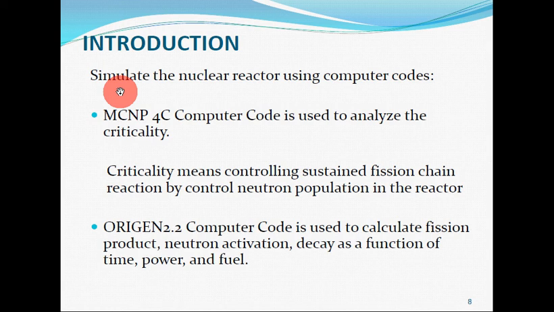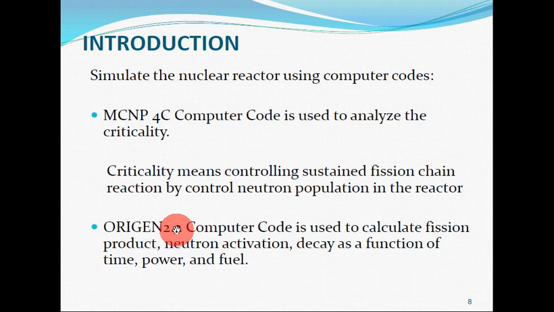Simulate the nuclear reactor using computer code. MCNP4C computer code is used to analyze the criticality. Criticality means controlling sustained fission chain reaction by controlling neutron population in the reactor.